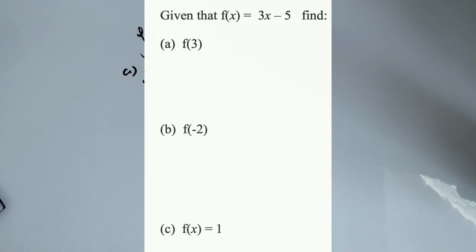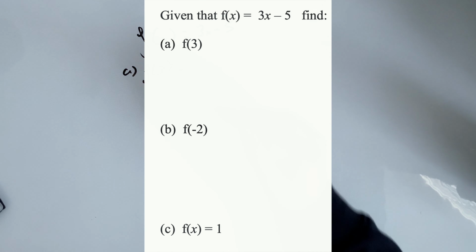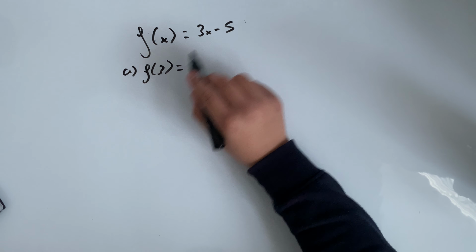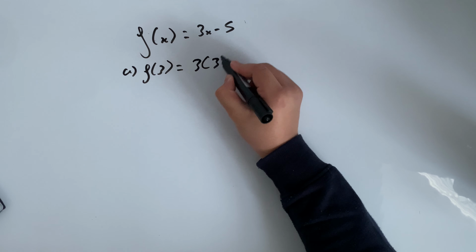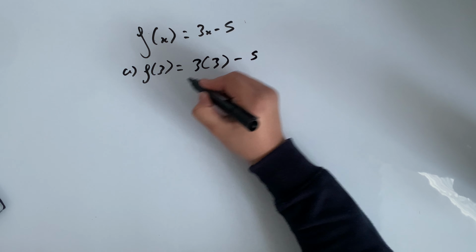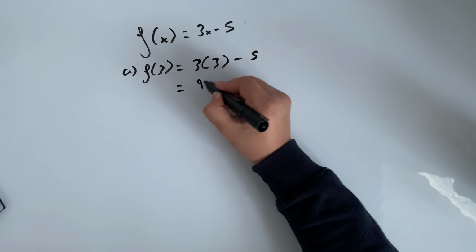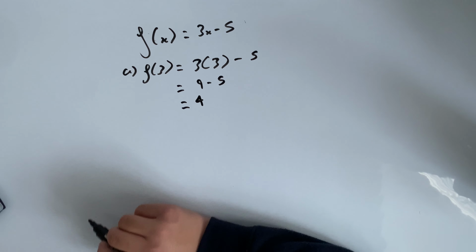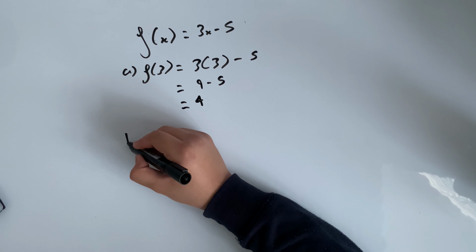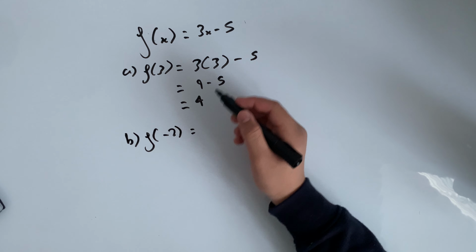So now you can try it by yourself. Pause the video. So we simply just place the 3 into the x. So 3 is 5. 3 times 3 is 9 minus 5 equals 4. So that's the answer for A. B, so it's a minus 2.